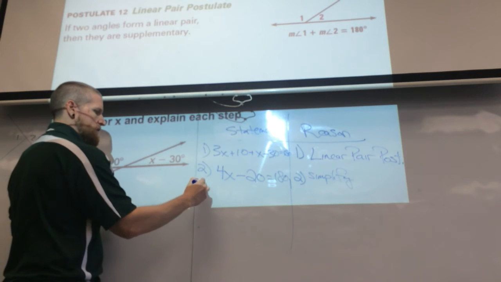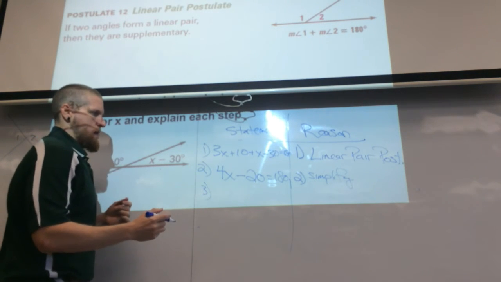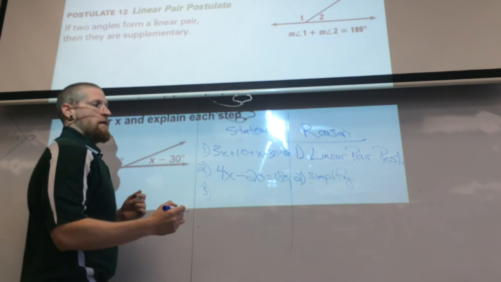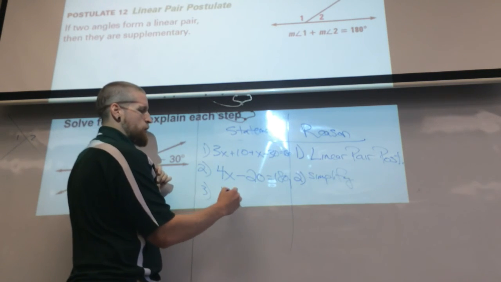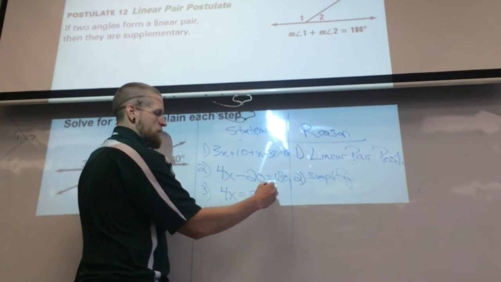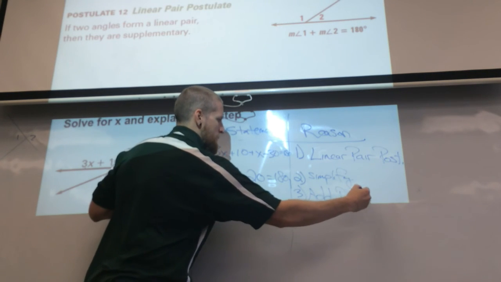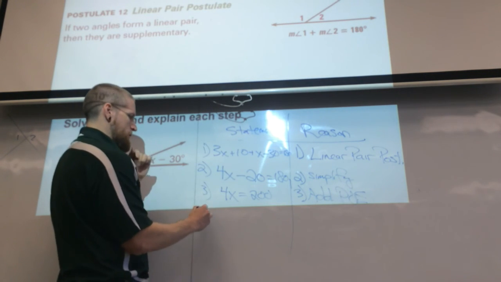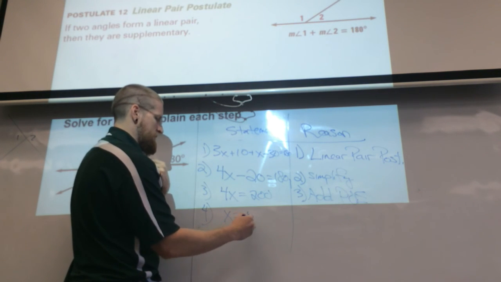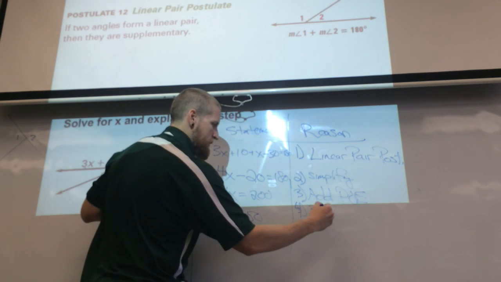What would be next? If I add 20, what's that give me? So it's addition. Then what? Division.